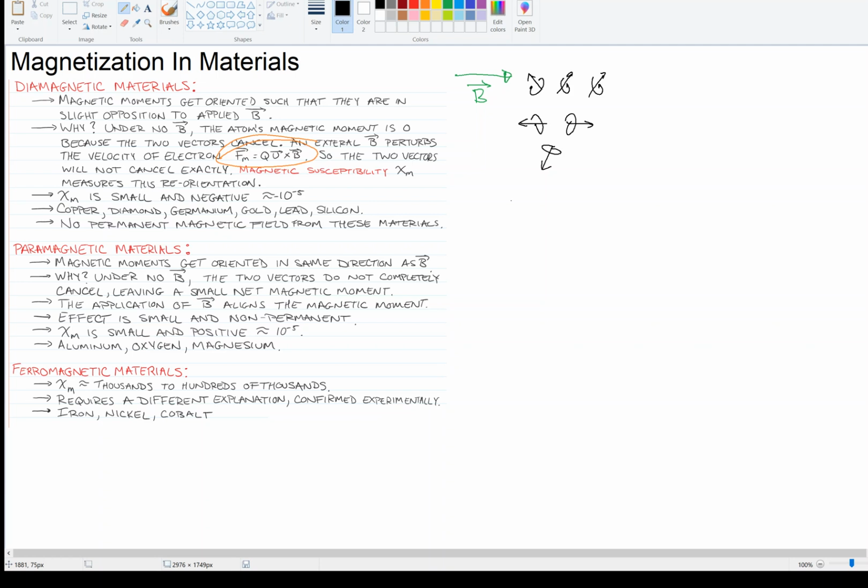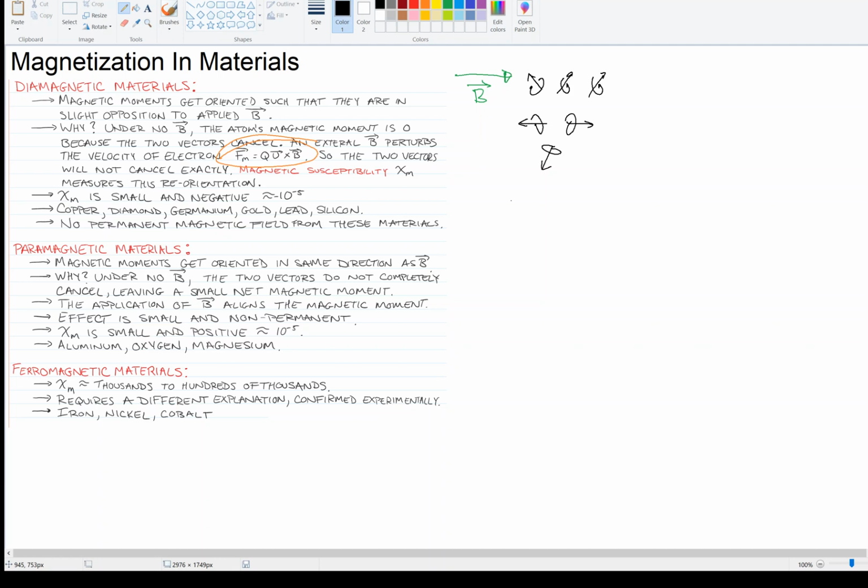Now the second type of material is the paramagnetic material, and what happens here is the magnetic moments get oriented in the same direction as the external B field. The reason is that under no external magnetic field, the two vectors, again the electron spinning around the nucleus and around its own axis, do not completely cancel in these types of materials, and that leaves a small net magnetic moment.